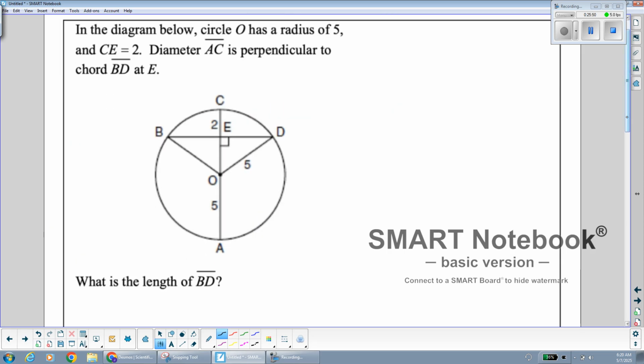Let's check out this next one over here. They marked the lengths for us in the diagram, and we're told that diameter AC is perpendicular to chord BD. When a diameter is perpendicular to a chord, it bisects the chord.